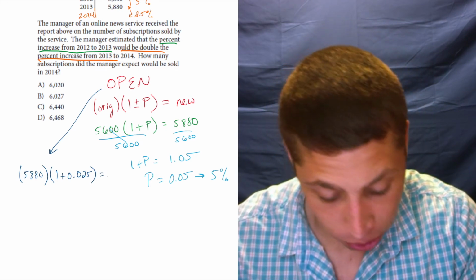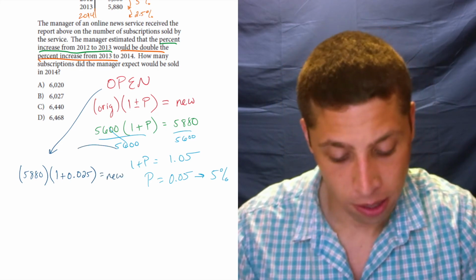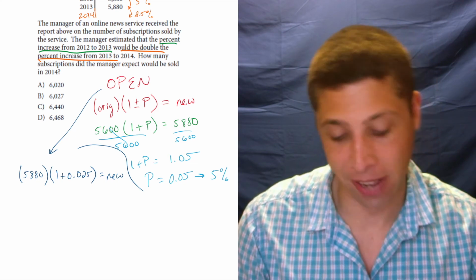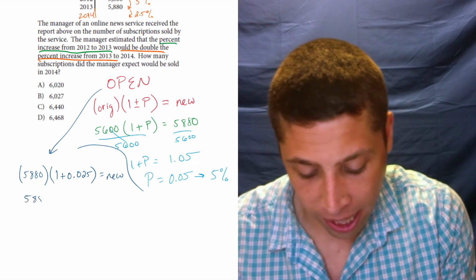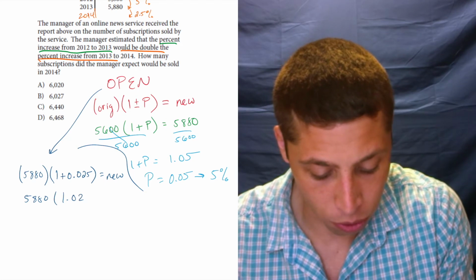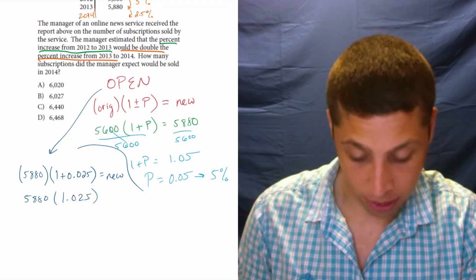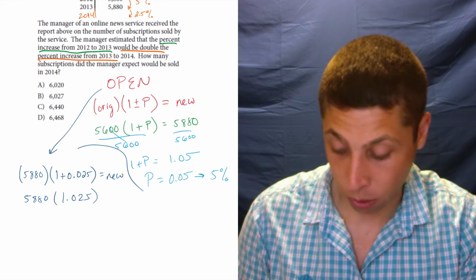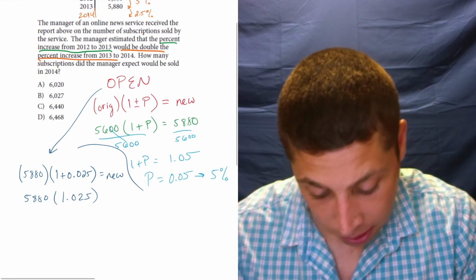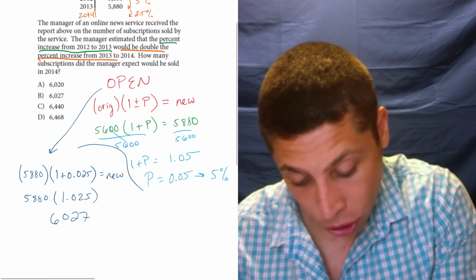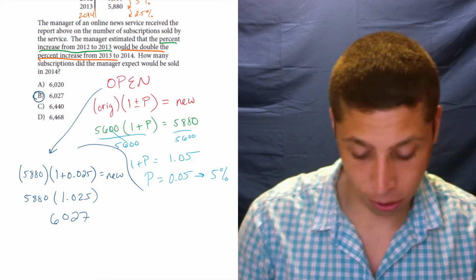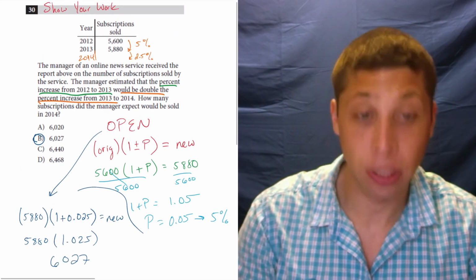And that equals the new value, which is the 2014 value. So 5,880 times 1.025, and calculator time, 5,880 times 1.025 is 6,027, which is choice B, which is the answer. Okay, so there you go.